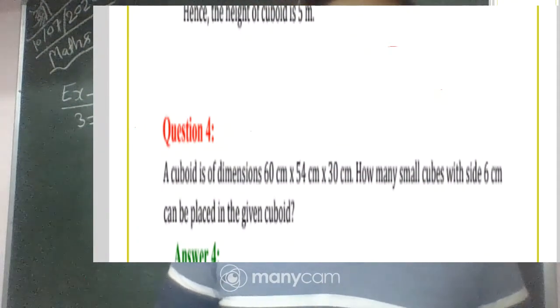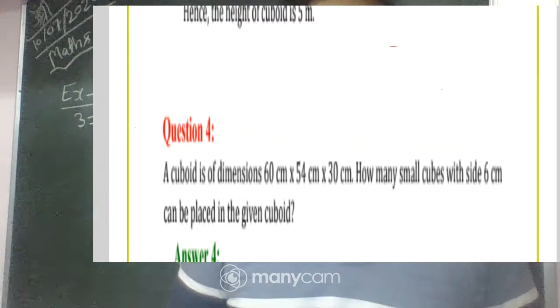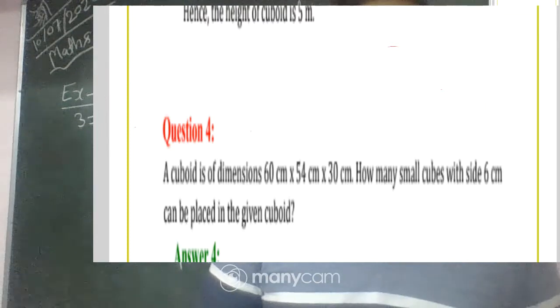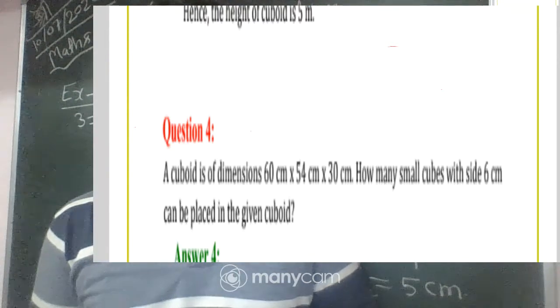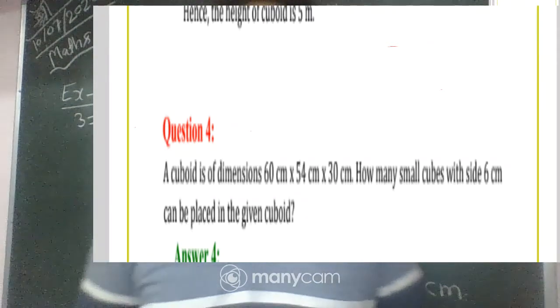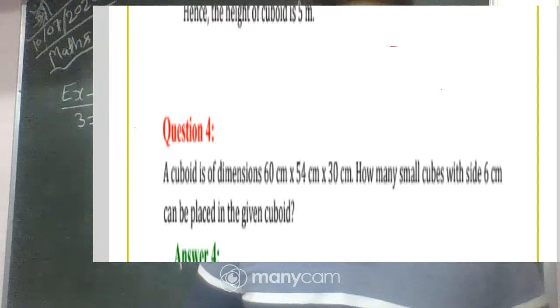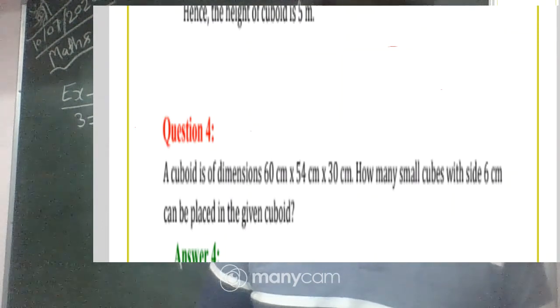A cuboid has dimensions 60 centimeter, 45 centimeter into 30 centimeters. How many small cubes with sides of 6 centimeter can be placed in the given cuboid?